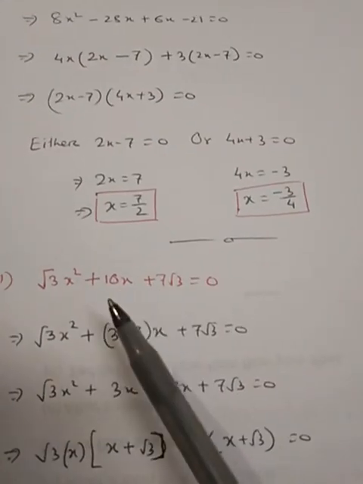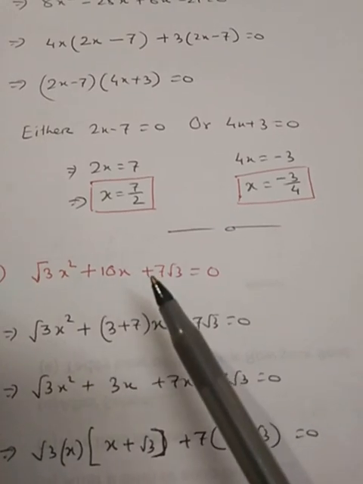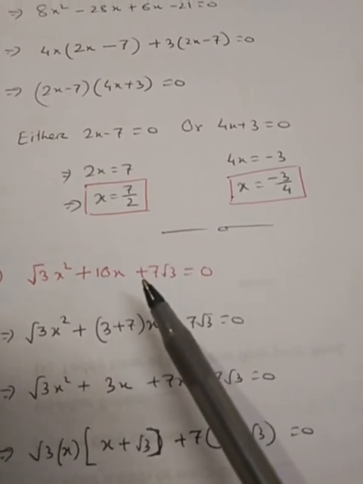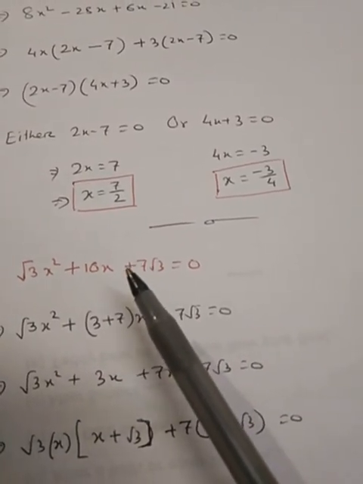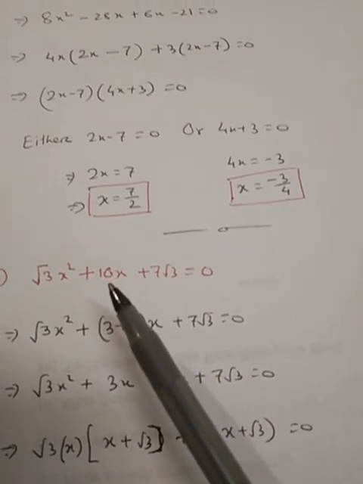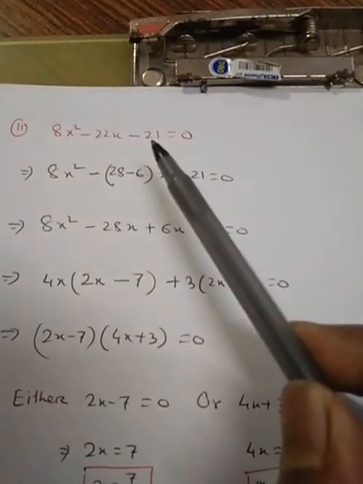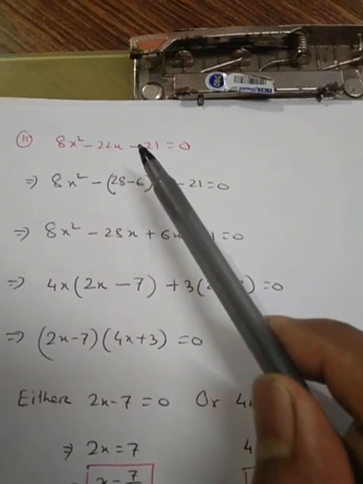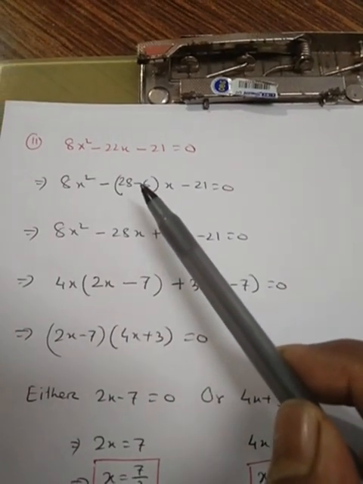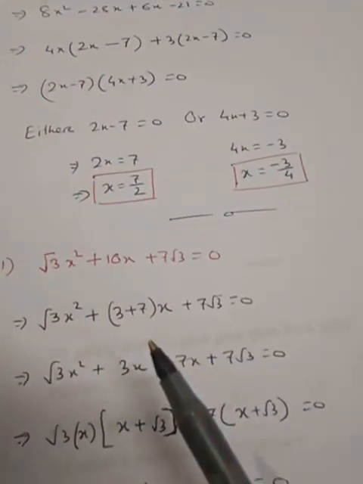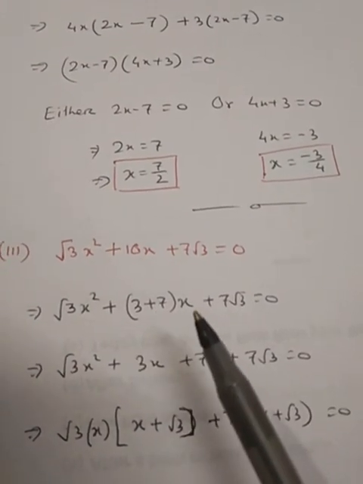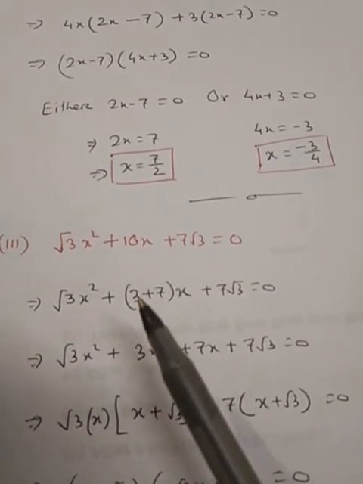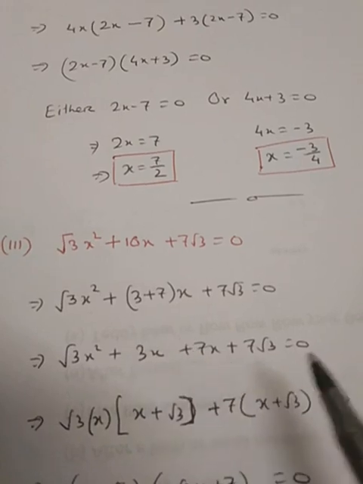Here we need 10 which is with x, and the sign is plus, so we must add the factors, and adding we should get 10. In the previous sum this was minus, so we got the difference of the factors. So here 7 plus 3, that is 10, and then we have broken it into 3x plus 7x.